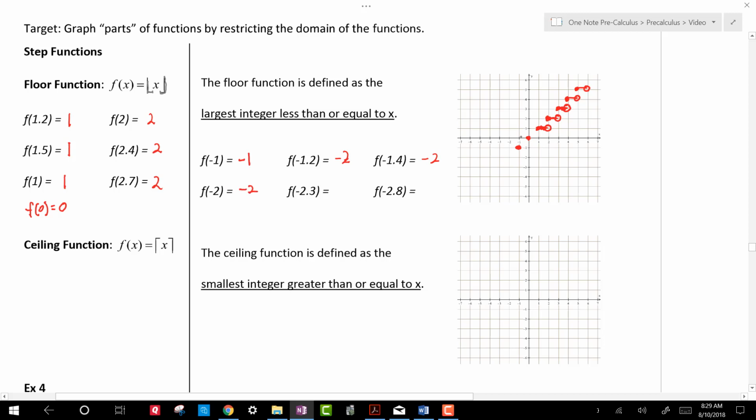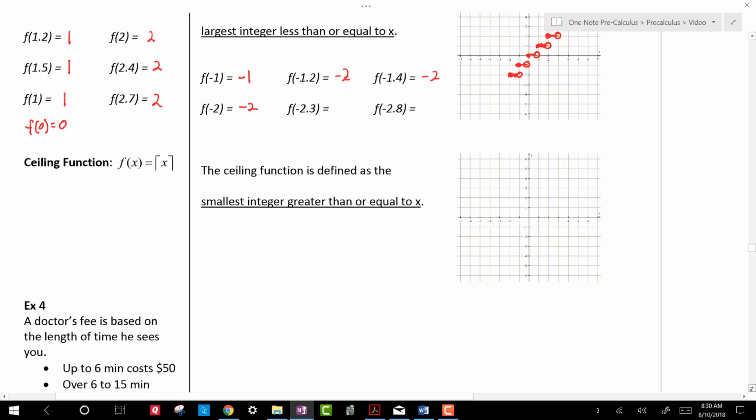So check it out: f of -1.2 is -2, f of -1.4 is -2, f of -2 is -2. But I have an open circle on this side, just like I did on the steps above. Now, if I continue filling in this graph, it would look like this. So again, it's called a step function for a reason. It steps up as you go.